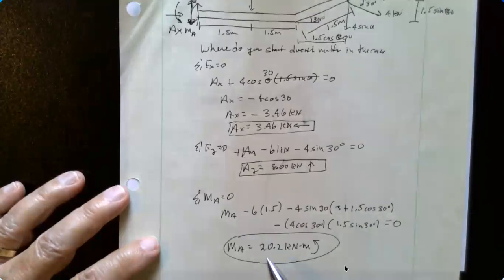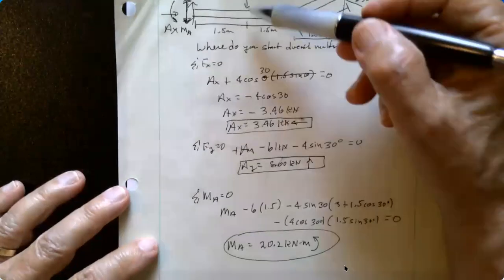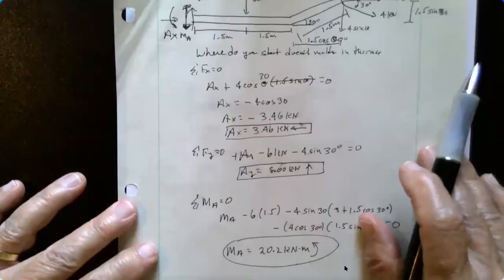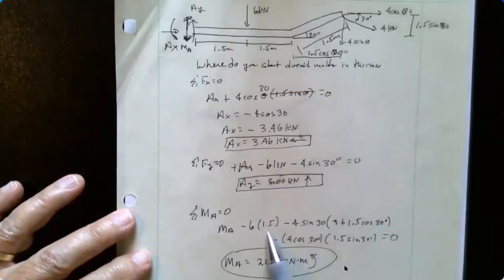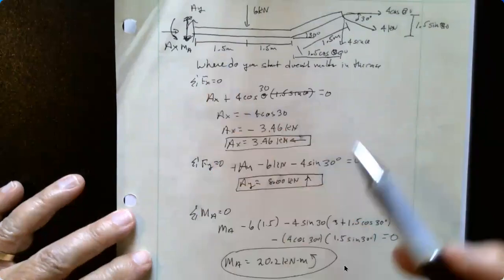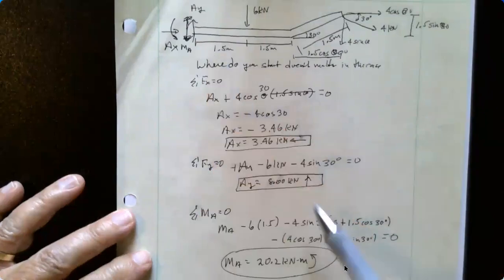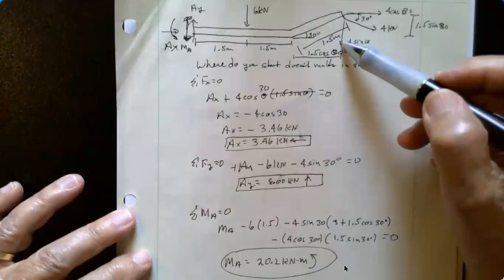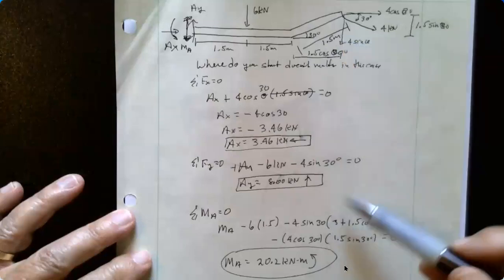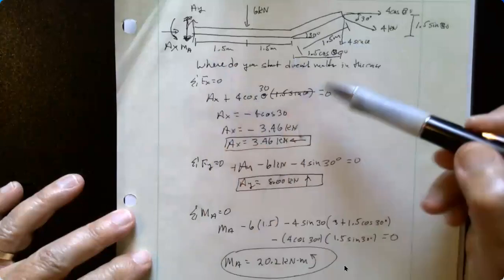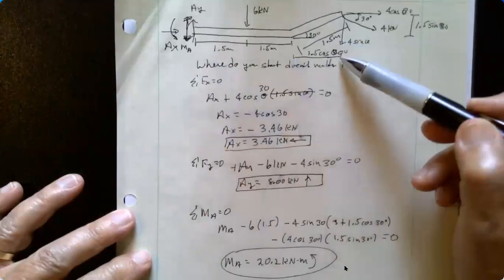I have my 6 here times its moment arm, which is 1.5. Okay, minus, I have minus 4 sine 30, this force times its moment arm, which is the 1.5, which is 3, plus the 1.5 cosine of 30.